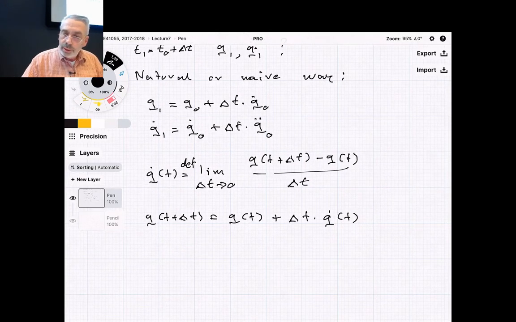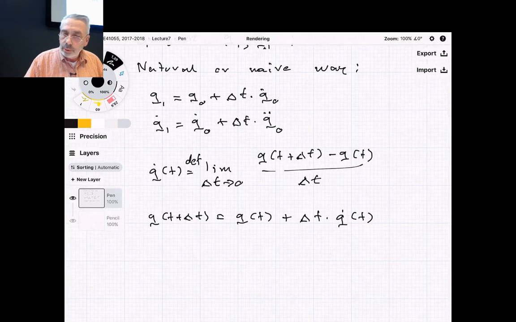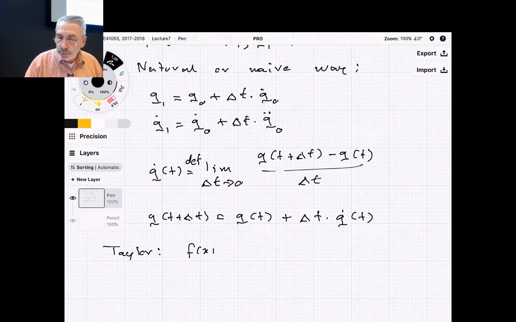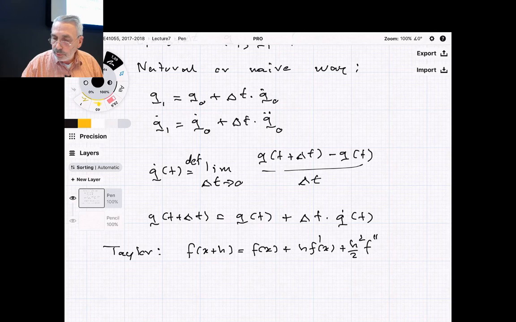still, where does this thing find its origin? You could say in this naive approach, but actually it is in a Taylor expansion, a series expansion of a function. The Taylor expansion of a function is usually written something like this: f(x plus h) is the value at x plus h times the derivative plus h squared divided by 2 times the second derivative plus and so on, and that continues.